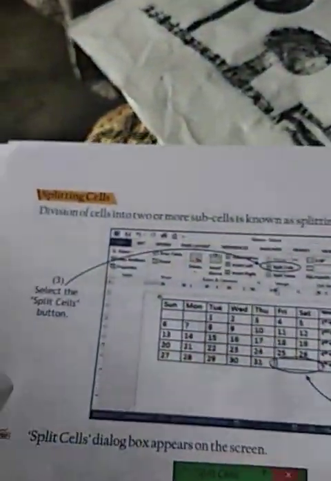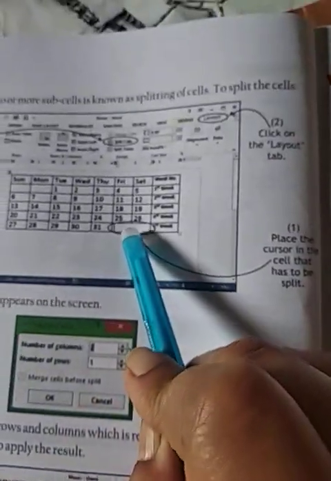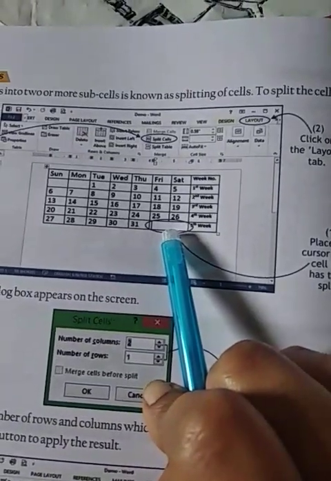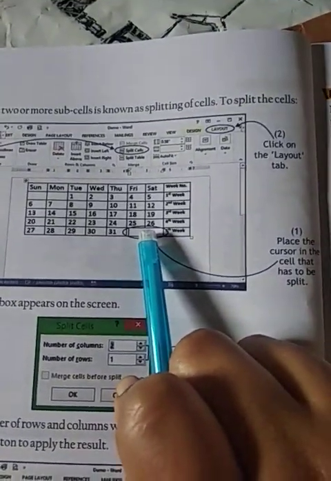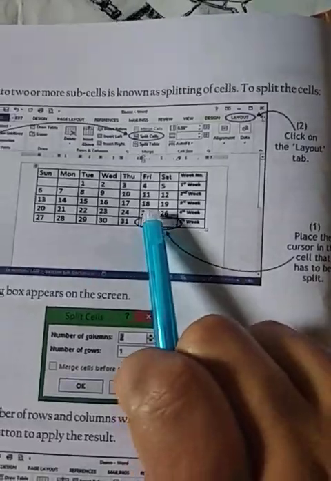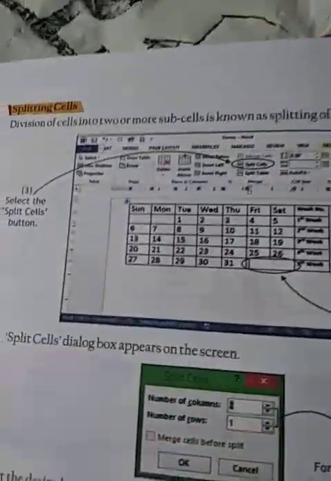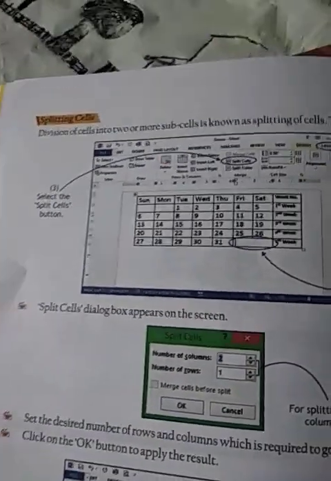Now come to splitting of the cells. Suppose there is a merged cell and you don't want the cell to be merged. You want to break it down again into two or more cells.